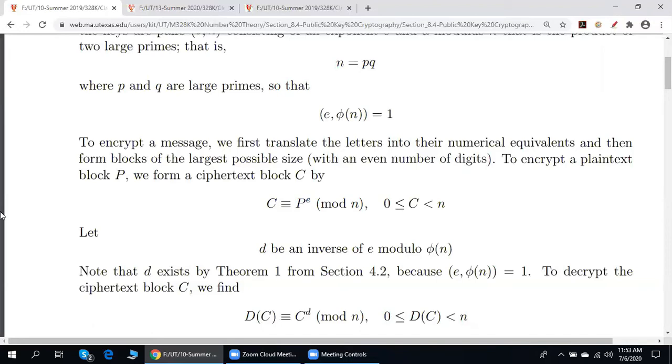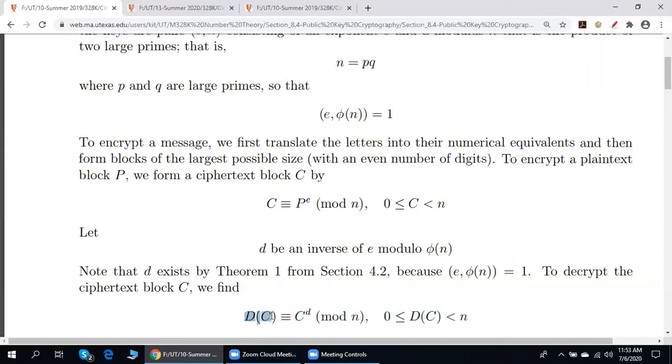Here is what we do next. The next natural question is, we use this formula in order to encrypt, but how do we decrypt? Well, here is the formula.